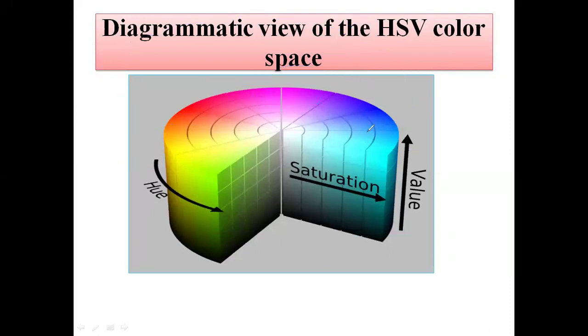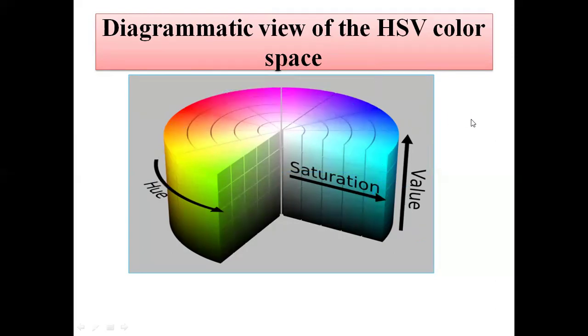Here, as I have told you, the angles from 0 to 2 pi represent hue. For saturation, you can see 0 to 1, the white reference, and value goes from 0 to 100 percent. If the value is near 100, then the brightness of the image increases, thereby giving a very good effect on the image.